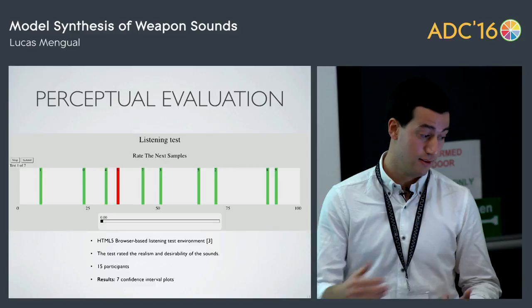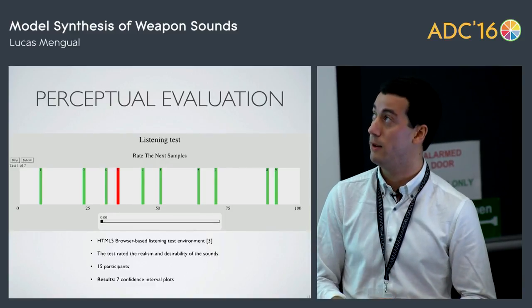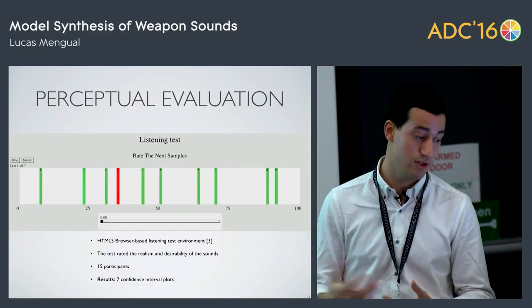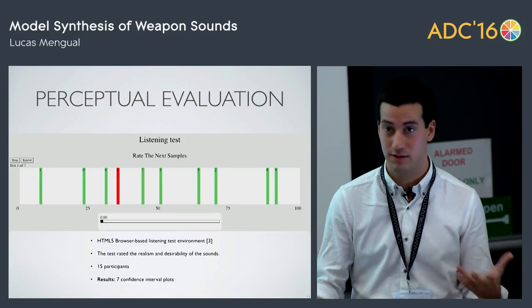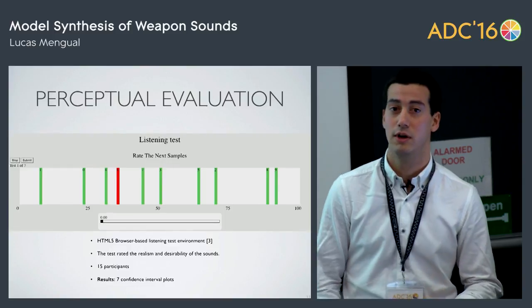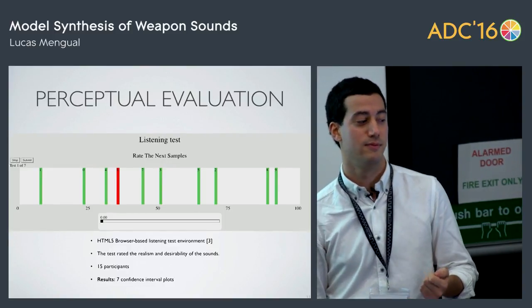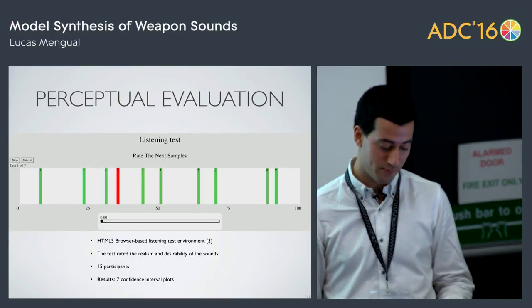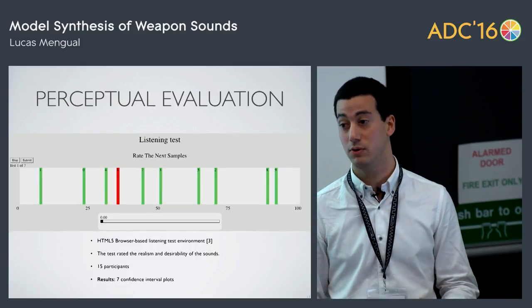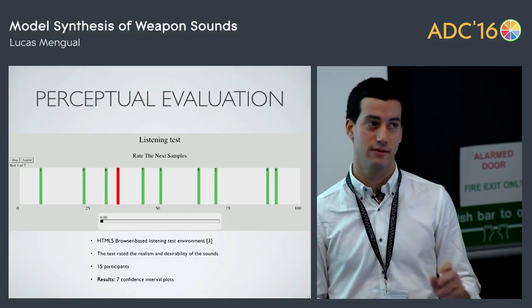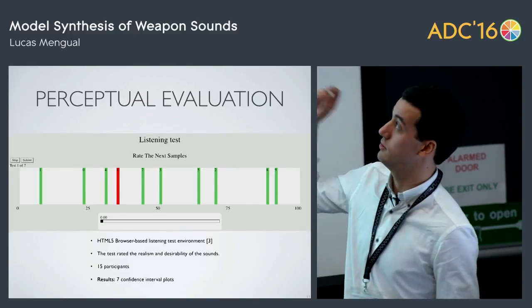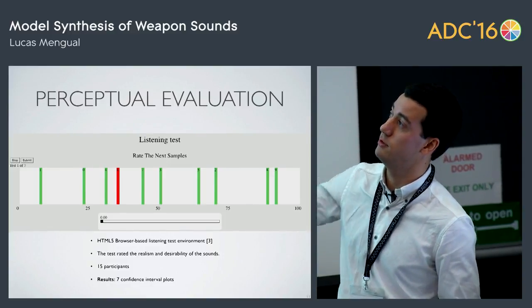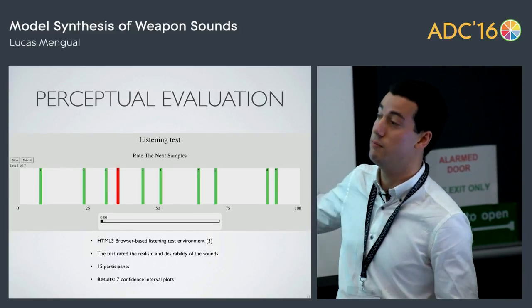The last thing I did was a perceptual evaluation of these sounds. We had some participants coming into the studio, and we tried to do an evaluation with people rating each of the sounds. Each of these green spots is a player, and each is hooked to one of the samples.